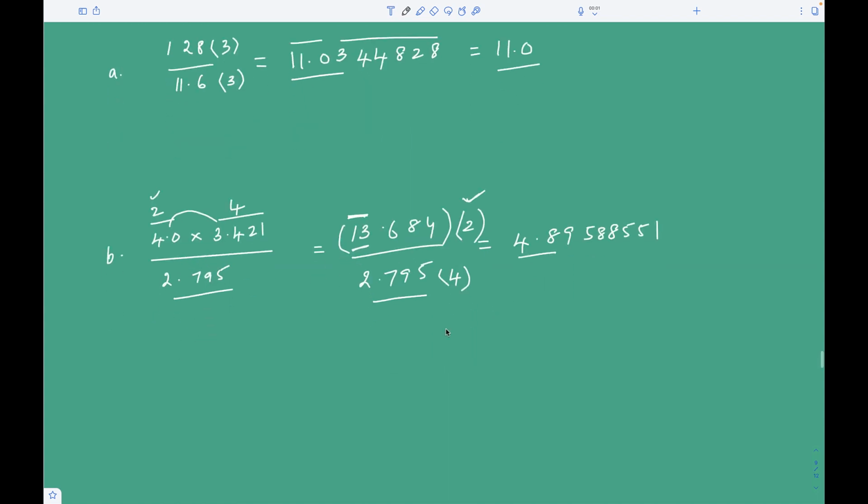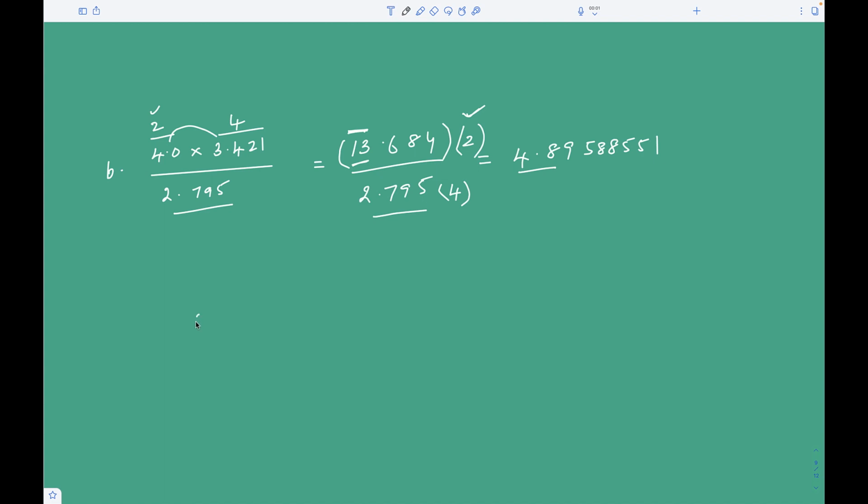Now let us do one more multiplication before we move on to addition and subtraction. Let us multiply 0.02 with 0.0036. Upon multiplication, you would get 0.000072. Now do we need to round this result? Let us see. In this first term, there is only 1 significant figure.